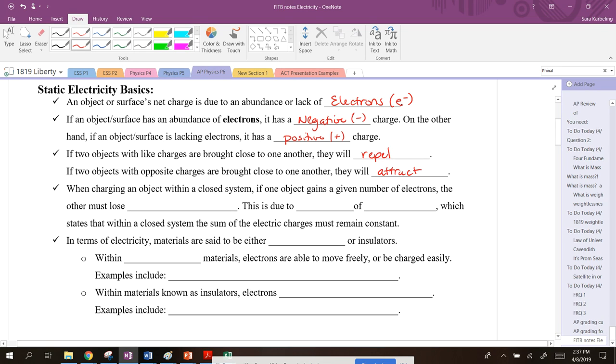When charging an object within a closed system, if one object gains a given number of electrons, the other one must lose the same number, or the same amount. Either way is good. This is due to... Aiden, do you want this one? Now you got a double because you got that one, right? Awesome. Okay.